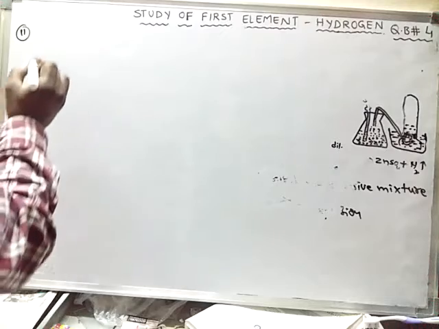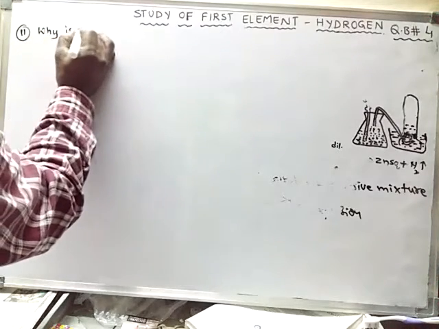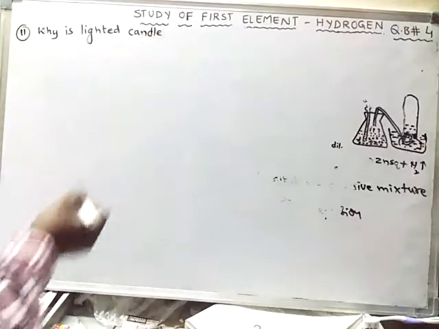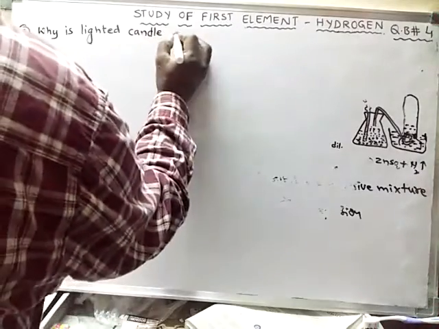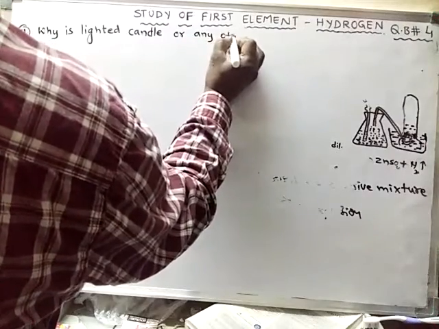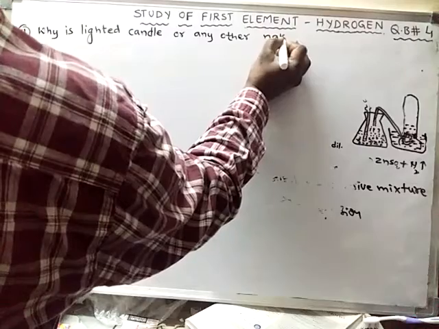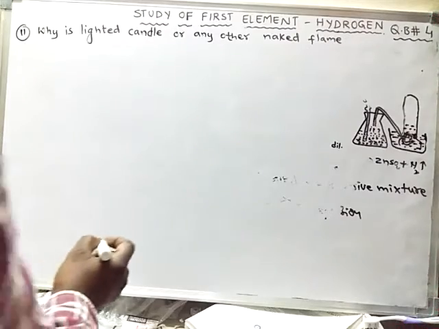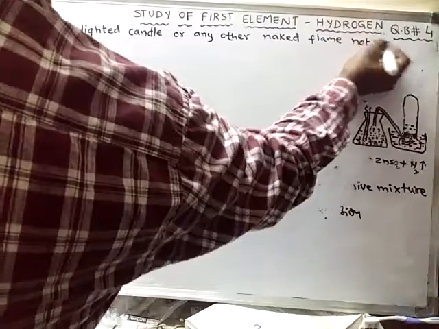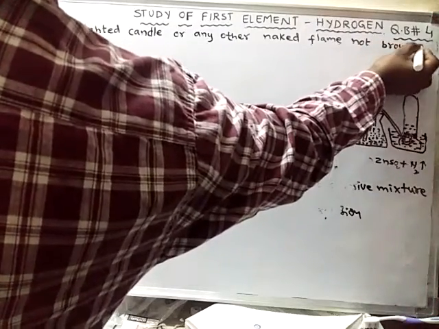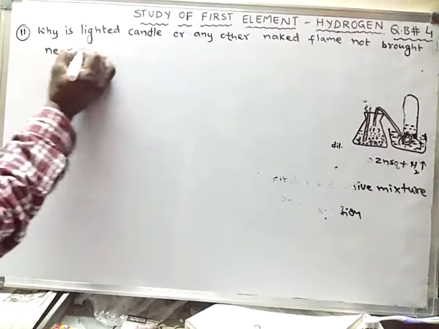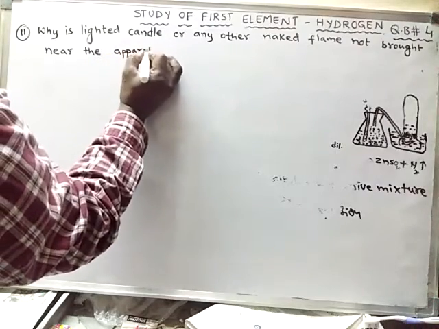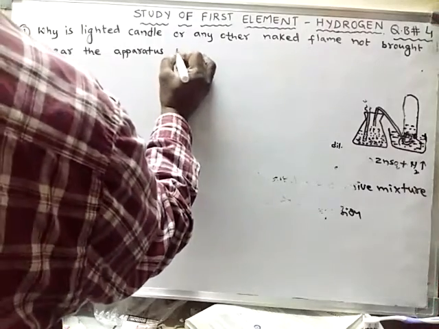Why is a lighted candle or any other naked flame not brought near the apparatus producing hydrogen gas?